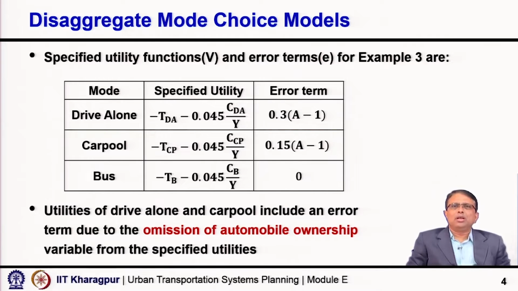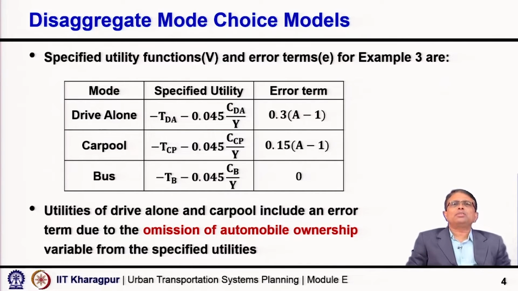For example, in example 3, we explained how due to the omission of a variable, the modeled utility and true utility could be different. You remember that for drive alone and carpool, we showed that in one case we considered car ownership and in another case we did not consider the car ownership. That effect was not considered.